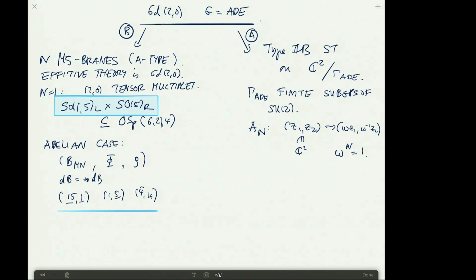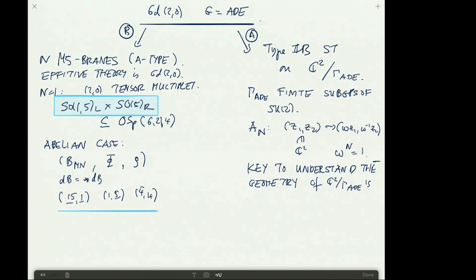So the main tool, which is just some algebraic geometric tools, but we'll go through it in terms of equations and see what's going on, is that the key to understand this geometry is to resolve it.